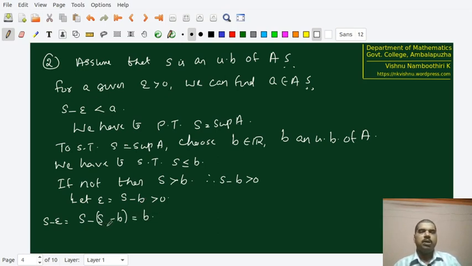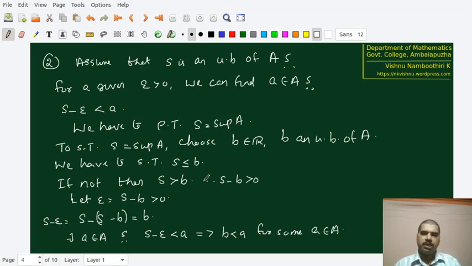But according to our assumption, for given epsilon greater than 0, we can find A such that S minus epsilon is less than A. There exists A in capital A such that S minus epsilon is less than A. But what is S minus epsilon here? Therefore, B is less than A for some A in capital A. But B is an upper bound.